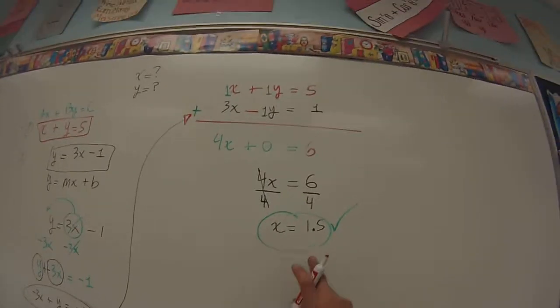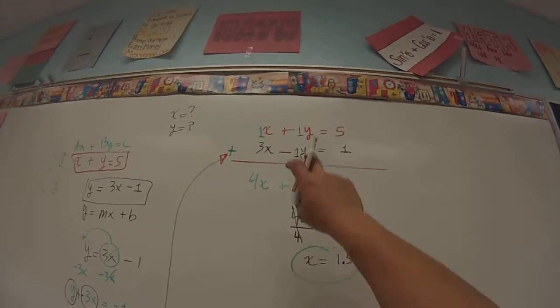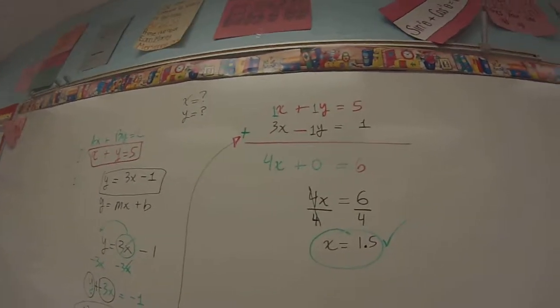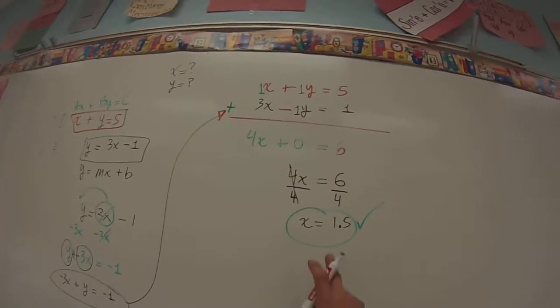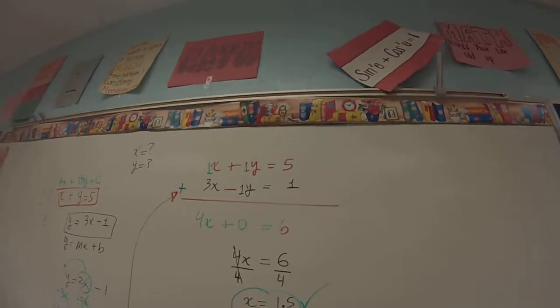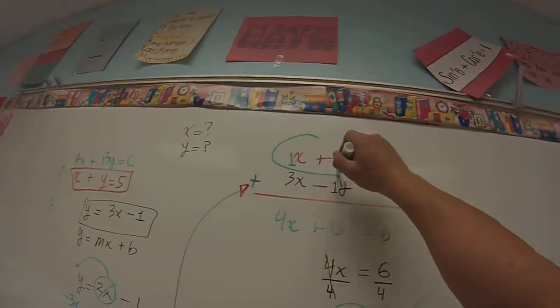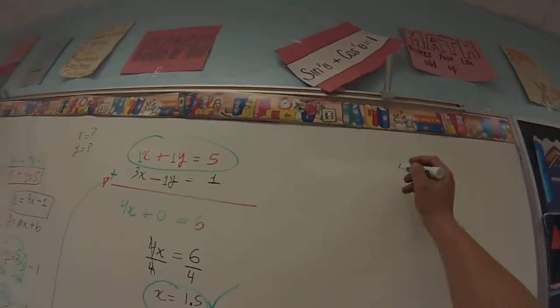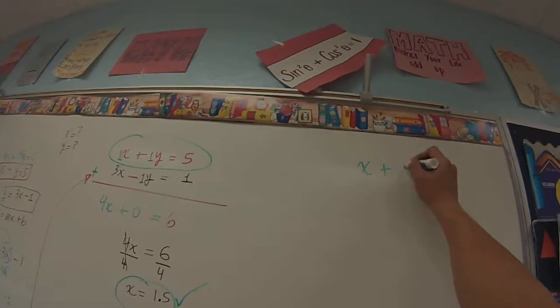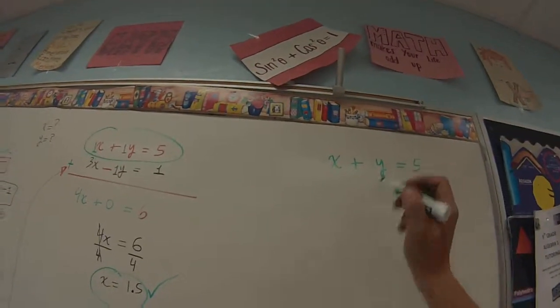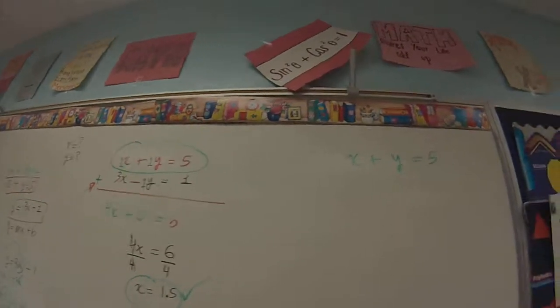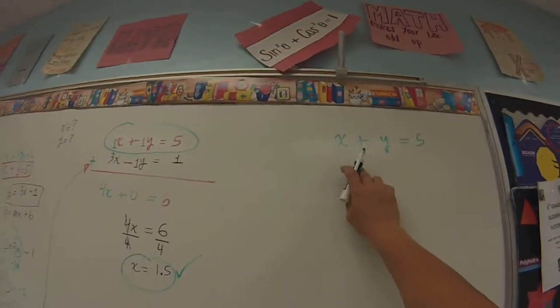In order to do that, I'm going to substitute this x into one of the equations. It doesn't matter which equation I pick, I've got to substitute the x into one. I'm going to go ahead and pick the top equation, which is x plus y equals 5. Remember, the ones next to the variables, we can erase them.